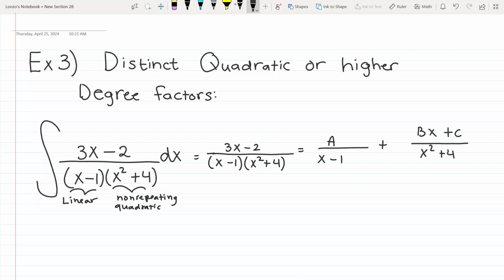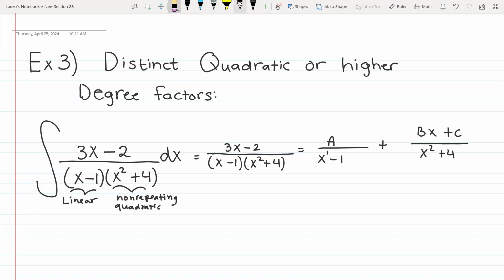Okay, so in the previous problems, why is this a Bx plus C? Well, let's look here. This has a power of 1, so this obviously has to be x to the 0, right? The power on the bottom has to be bigger than the top, so that's why we just have an A here.